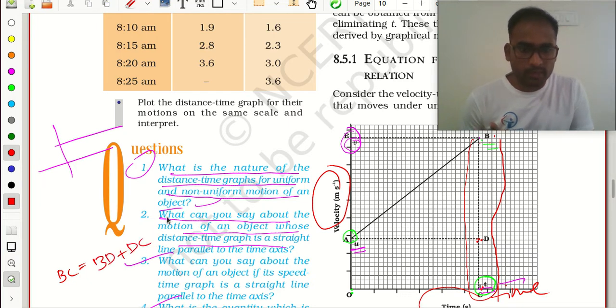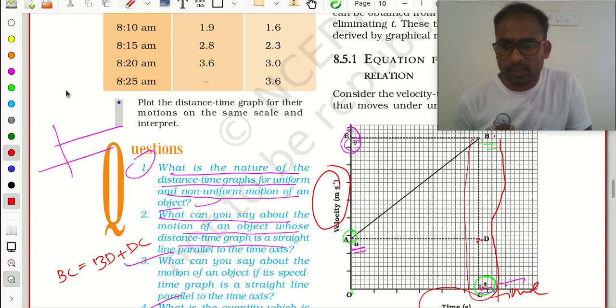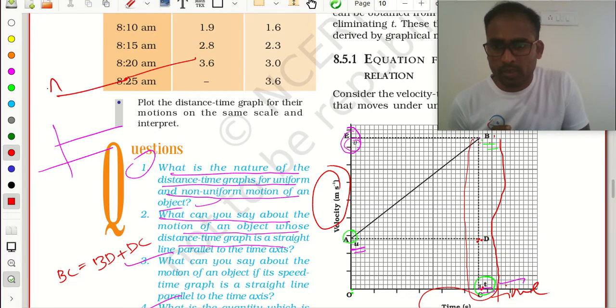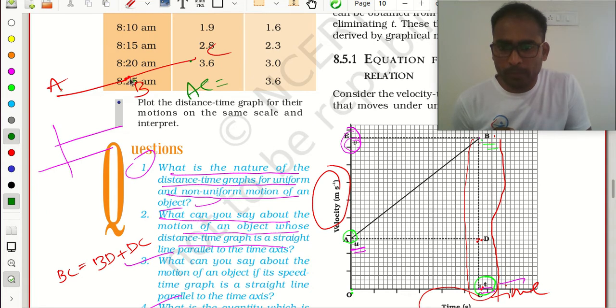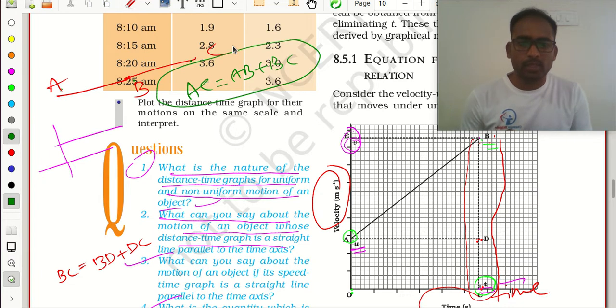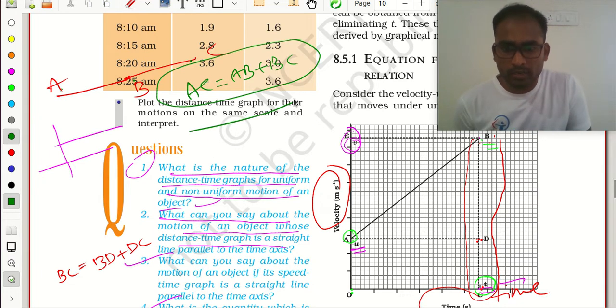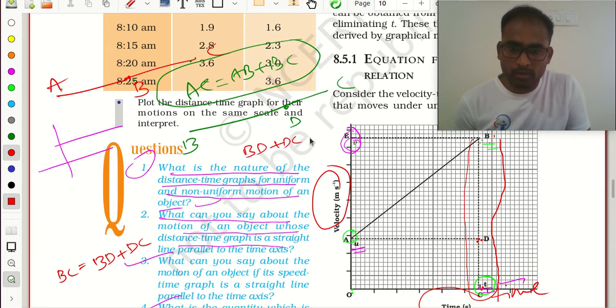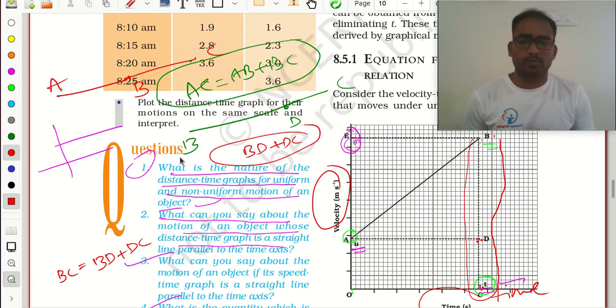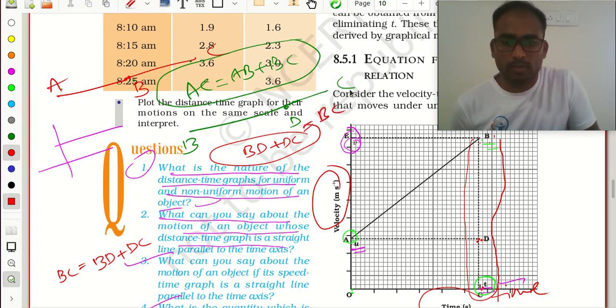Similarly, AC is equal to AB plus BC. So in this way, we have B and C, in between we have D. So I can write BC is equal to BD plus DC. Is it okay?